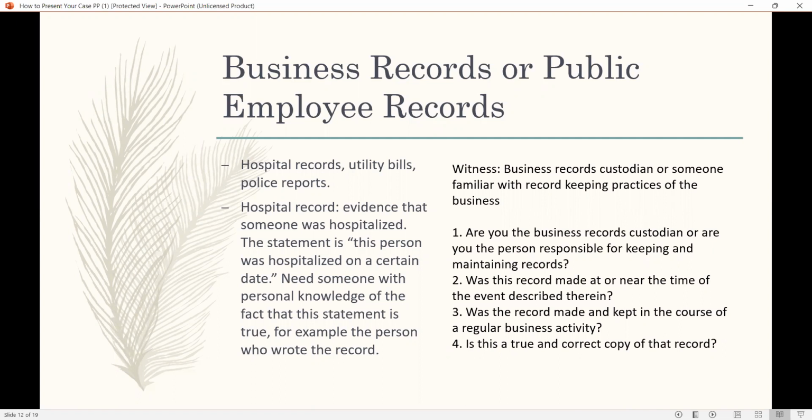Was this record made at or near the time of the event described in the record? Yes. Was the record made and kept in the course of a regular business activity? Yes. And finally, as with most documents, is this a true and correct copy of that record? Yes. At that point, you would ask the court to admit your record into evidence.